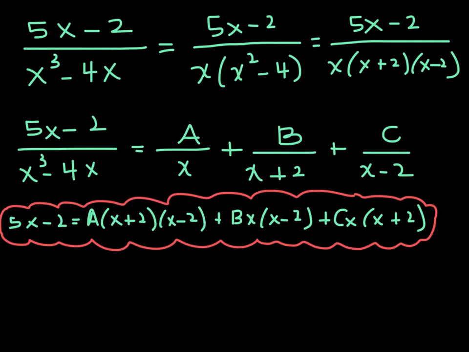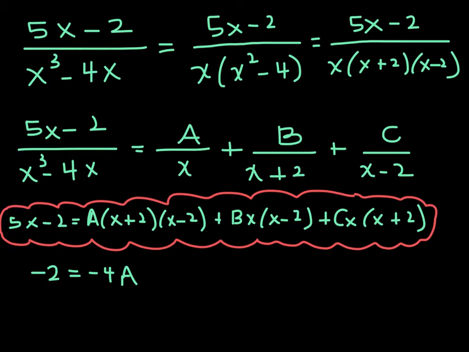So what I notice right now is that if I plug in x equal to 0, this whole term will go away, and this whole term will go away, and then I can solve for A. Let's plug in 0 for x. When I plug in 0 for x here, you're just left with -2.